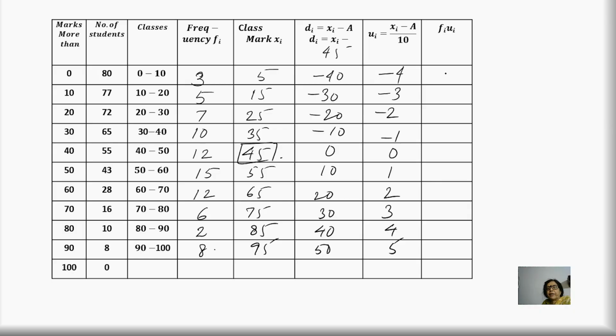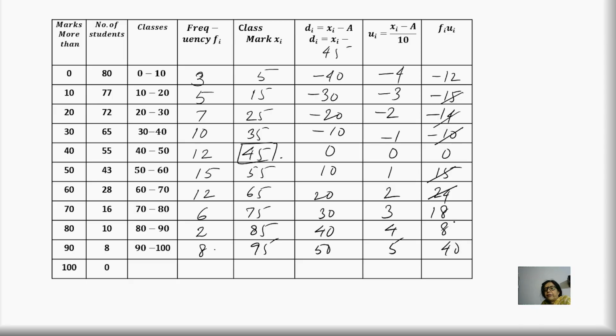Find the product fiui. So you get here minus 12, minus 15, minus 14, minus 10, 0, 15, 24, 18, 8, and 40. So let us see what can be cancelled first. 15 and negative 15 can be cancelled out. Then we have here 24, and 14 and 10. 14 and 10 can be cancelled with 24.